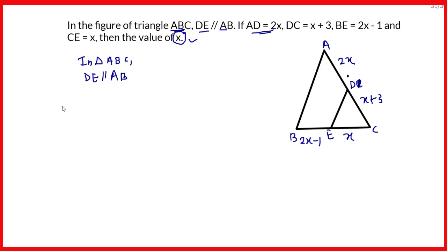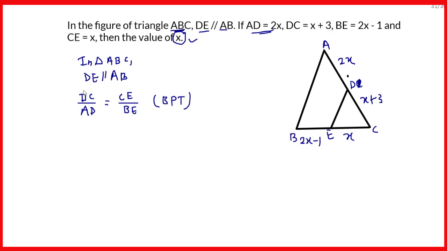And so we get DC upon AD equal to CE upon BE, and this is by the basic proportionality theorem or the Thales theorem.